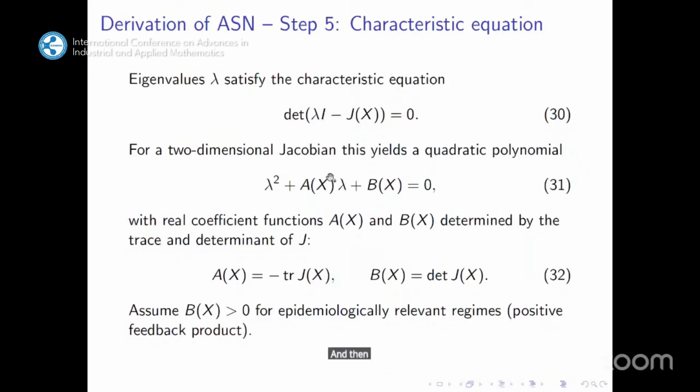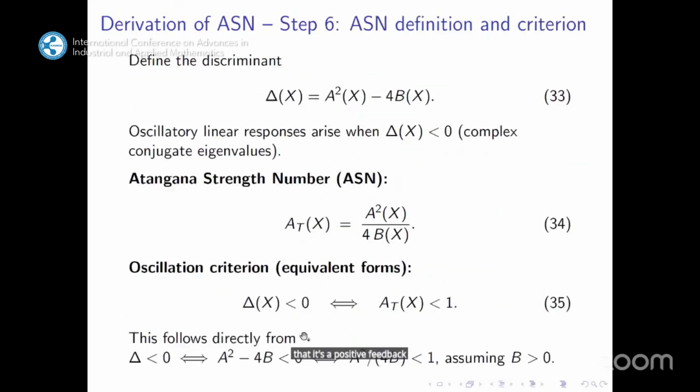And then for a two-dimensional Jacobian, we have a quadratic polynomial of this form, equation number 31, with the real coefficient functions a(x), b(x), determined by the trace and the determinant of J. Okay, now, if b of x is greater than 0, we assume for epidemiologically relevant regimes that it's a positive feedback product. So we define the next step, step 6.